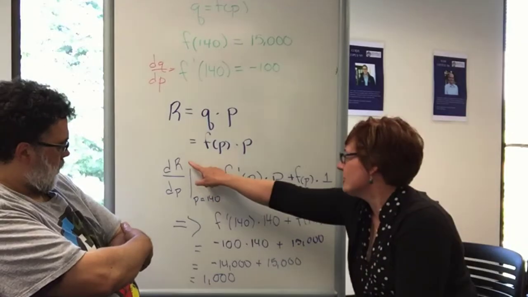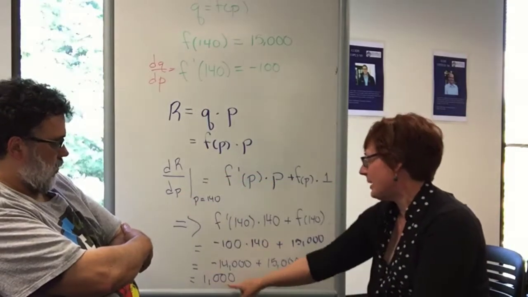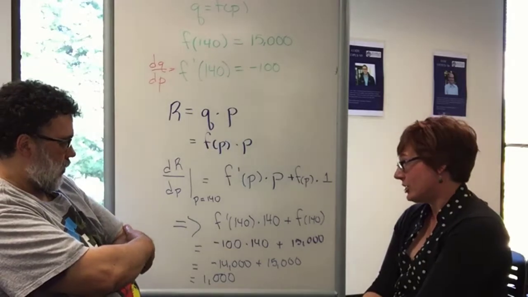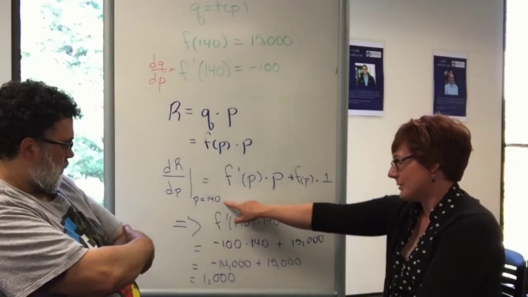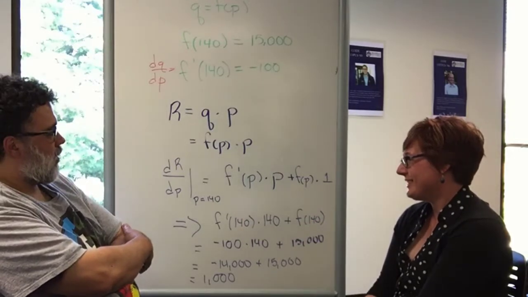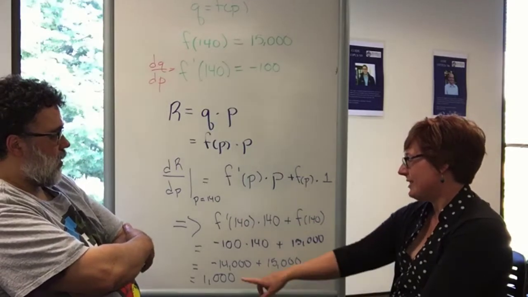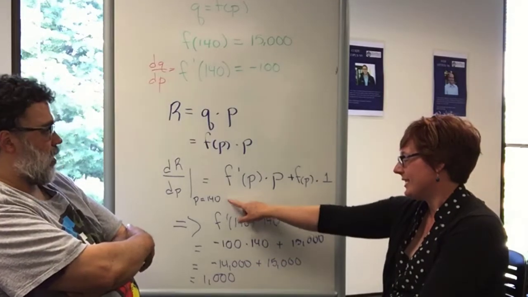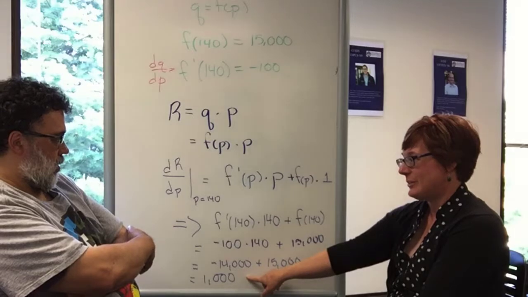So the rate of change of revenue with respect to price is positive, which tells me that my revenue function right around p equals 140 is actually increasing, which is a little interesting. Because that means if I increase my price, my revenue is going to go up.